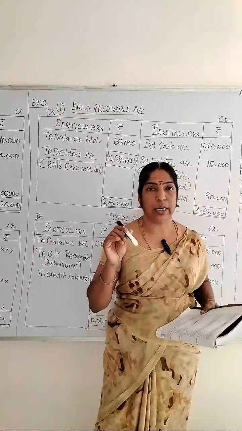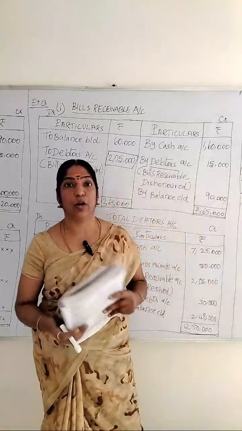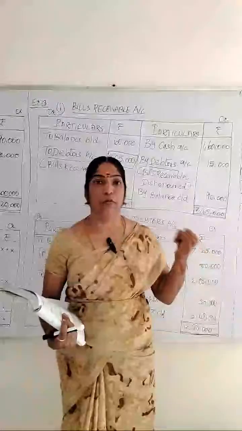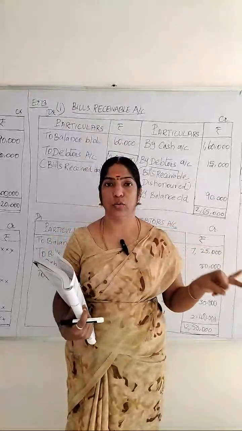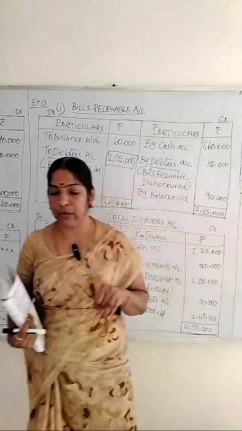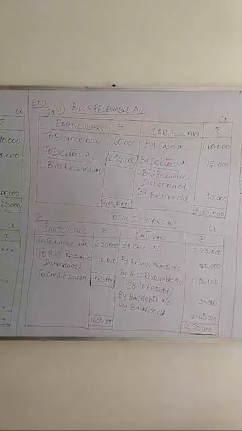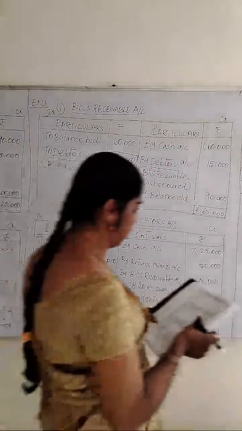Let's all take your pencil. First, identify and mark which items belong to the bills receivable account and which belong to the total debtors account. So as per that we will proceed.